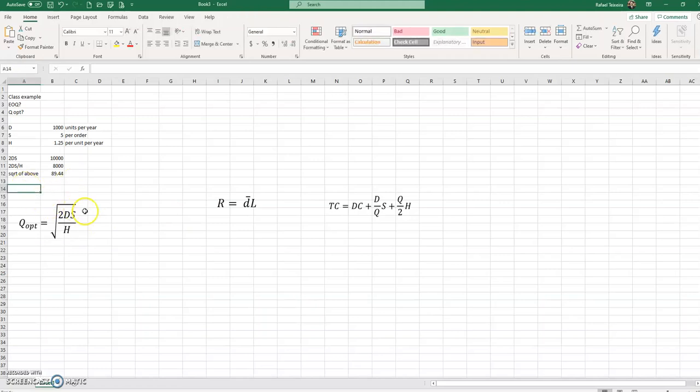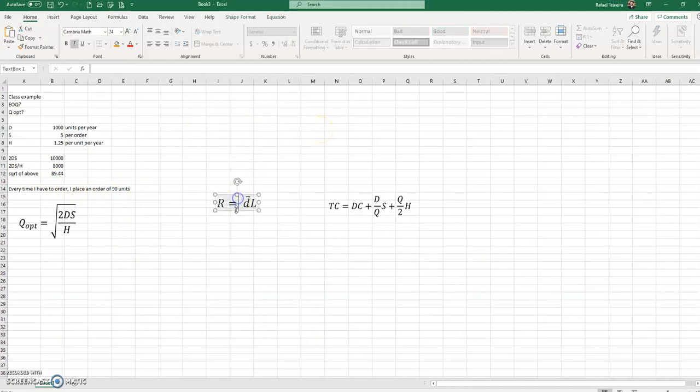So I can write that every time I have to order, I place an order of 90. I cannot place an order of 89.44 units, so I place an order of 90 units. So the amount of units I have to purchase to reduce my cost is 89.44, or 90 units.